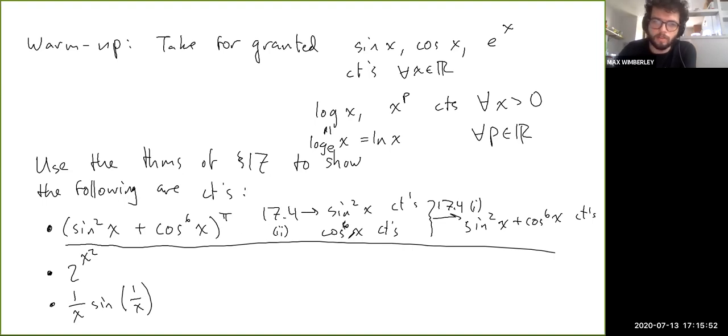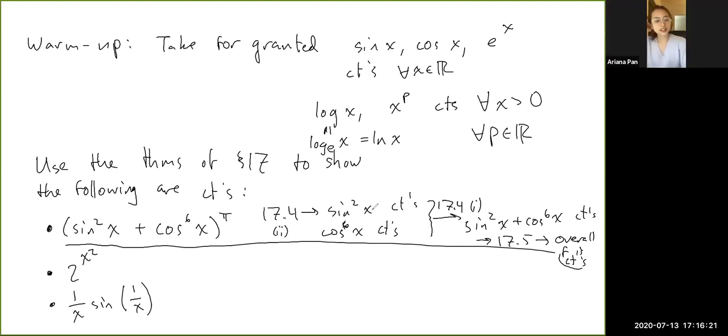So the domain of the function is still all x. And then 17.5 tells us that the overall function is continuous. So overall f is continuous. Okay. Any questions about that?